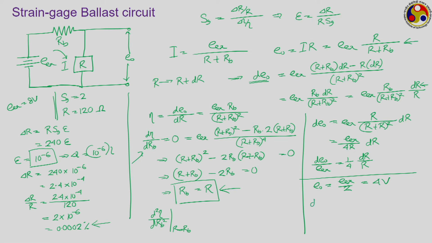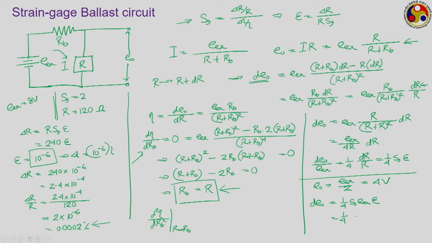Now, how much is then dE_0? Let us relate this dR to the corresponding gauge factor, or the corresponding strain. So, 1 by 4 into dR by R will be equal to S_g into epsilon. So, corresponding dE_0 will be equal to 1/4 into S_g into E_x into epsilon.